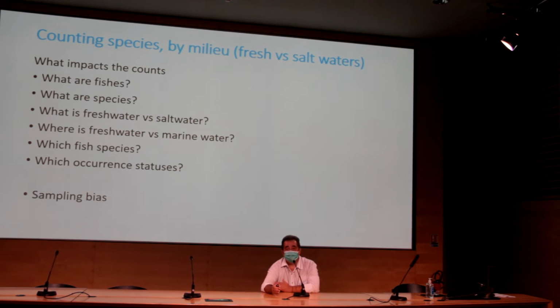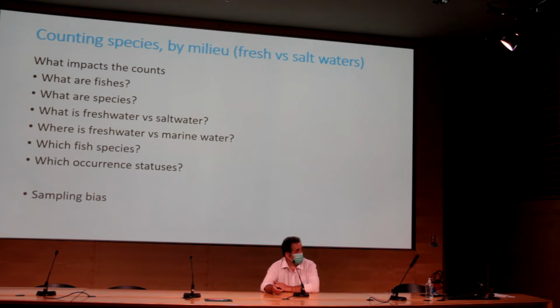If you go into the Barcode site, in certain families the number of species is much more than what we have in a catalog of fishes or FishBase. Some people even give an estimation of the number of species that we will discover. So again, the numbers are not the same depending on what we are talking about.